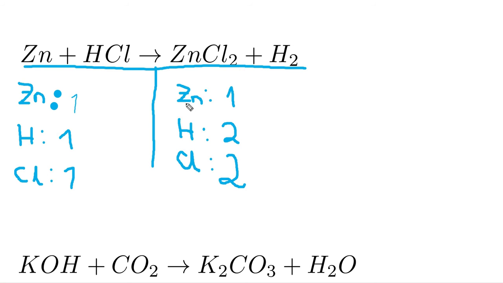Here we have zinc 1, chlorine or chloride to be 2, and then hydrogen to be 2.